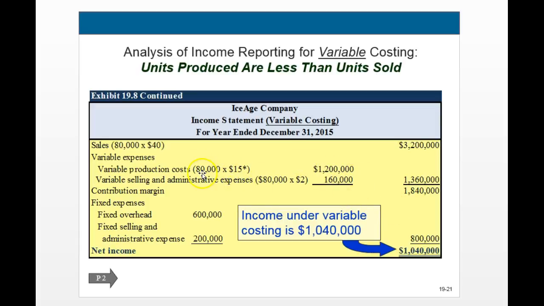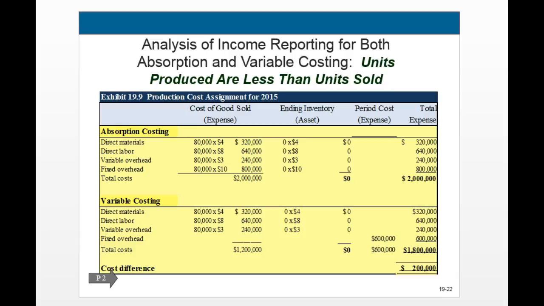So those 20,000 extra are being costed at $15 instead of at $25. The $10 difference is the $200,000 difference in the net incomes. So it catches up. You just have to learn to wrap your head around what they're saying.